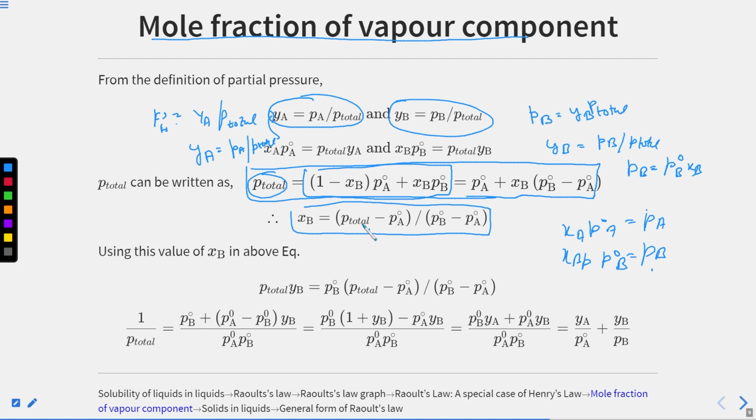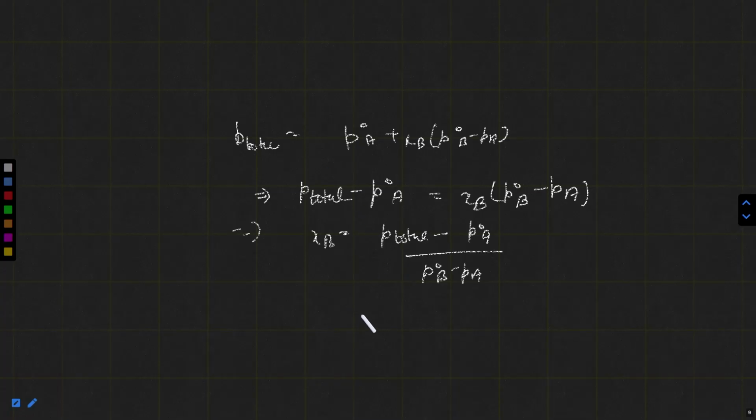So this is the formula that we have. We know that PB is equal to YB P total. So I'm replacing this YB with this.